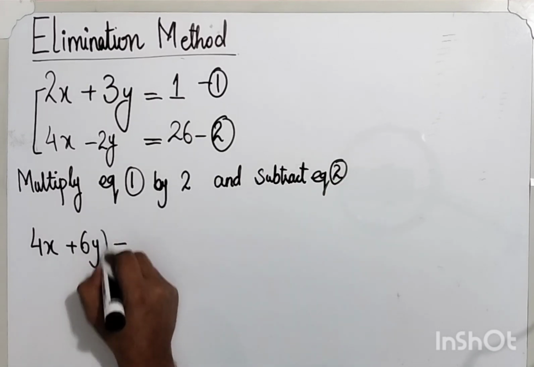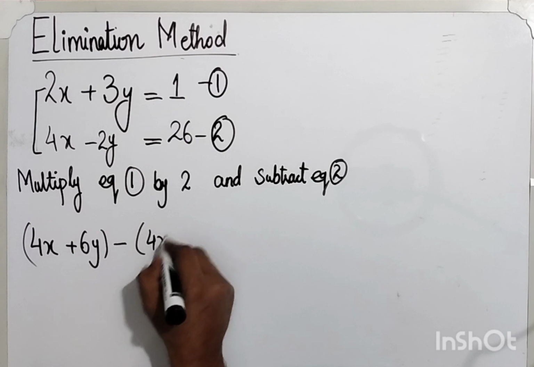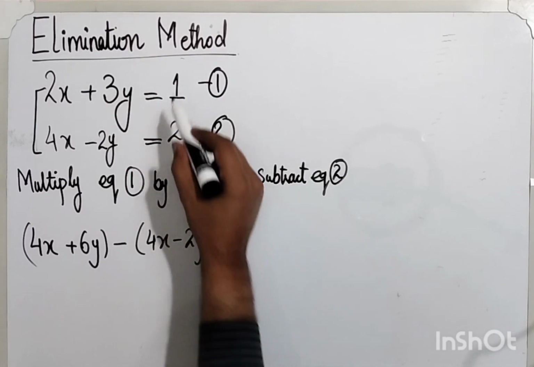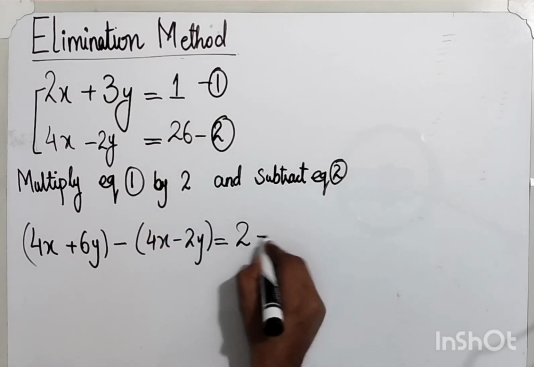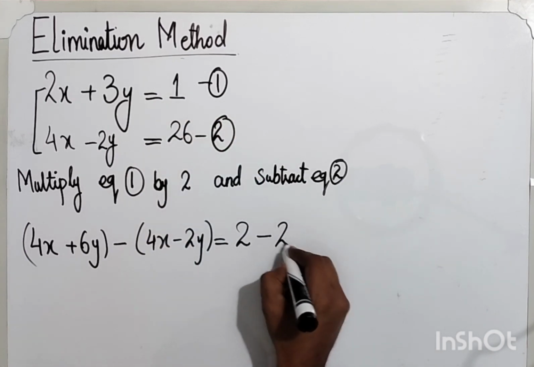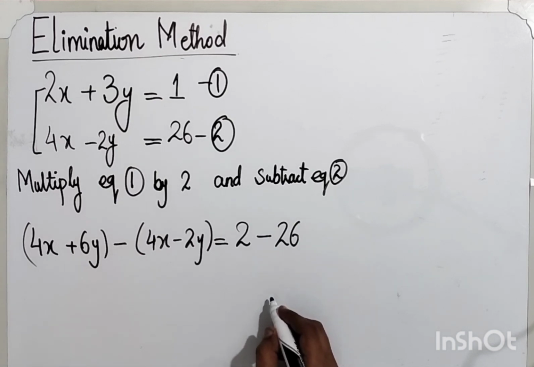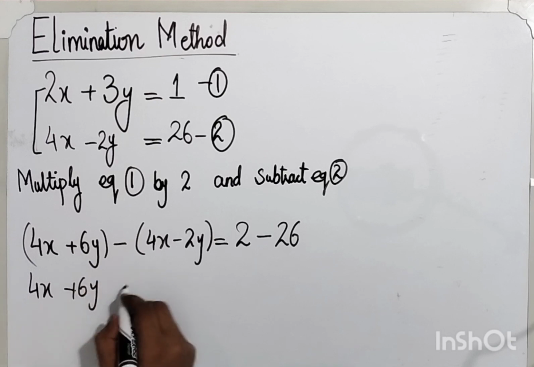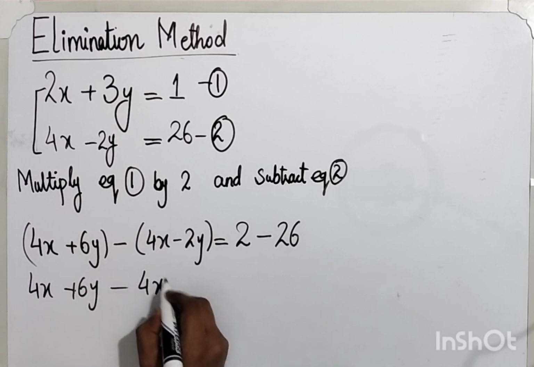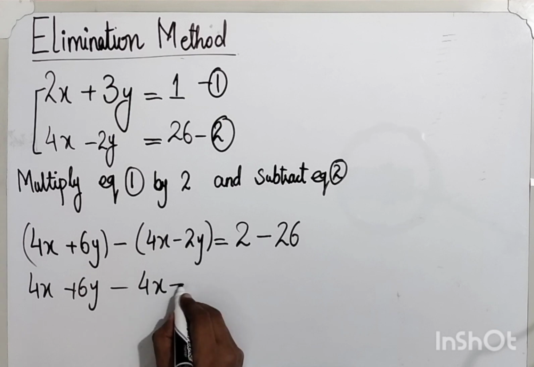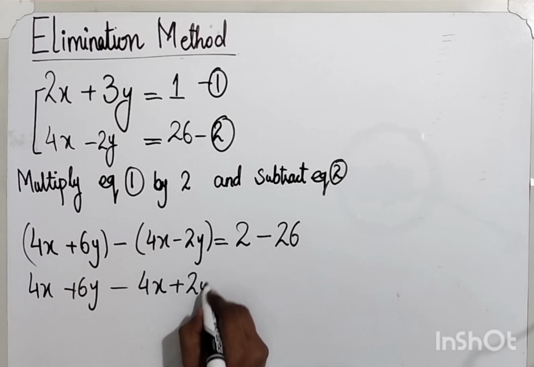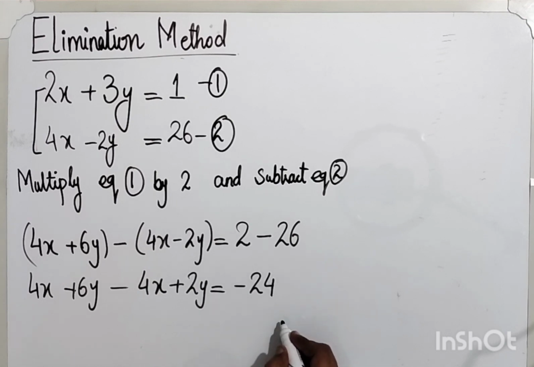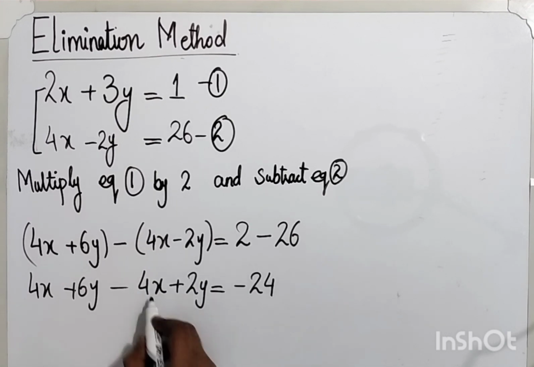Expanding these values, we will get 4x plus 6y minus 4x, and the negative sign should also be multiplied with the second term, which gives us positive 2y. On the other side we subtract 26, and the answer would be negative 24.